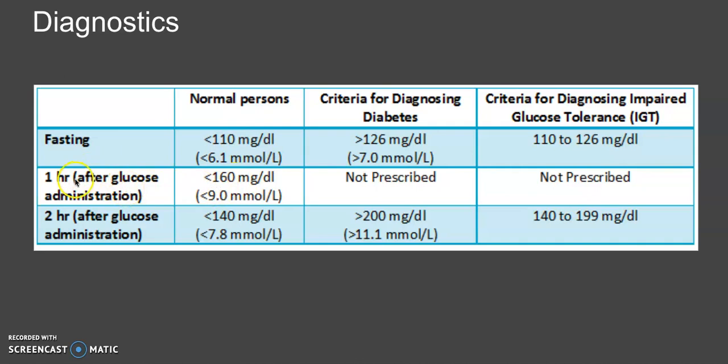So they eat sugar here, and 1 hour after eating sugar, their blood sugar should be less than 160 milligrams per deciliter, and 2 hours later, it should fall down to about 140 milligrams per deciliter. To diagnose diabetes, people's fasting blood glucose levels should be over 126 milligrams per deciliter.